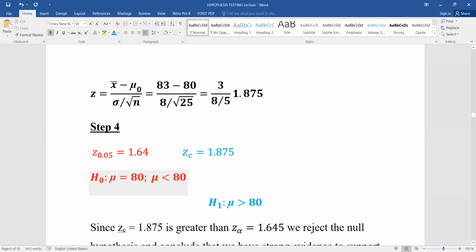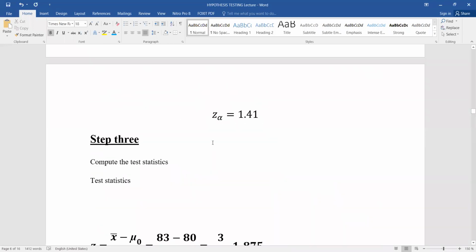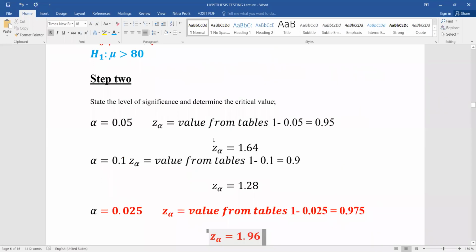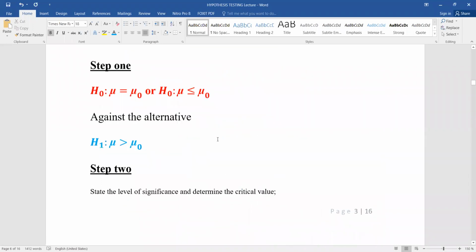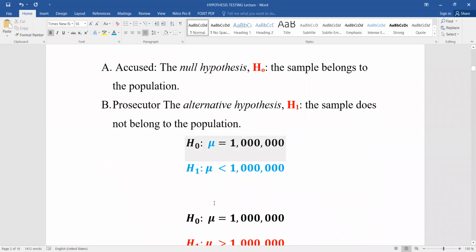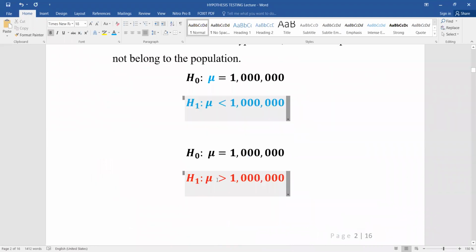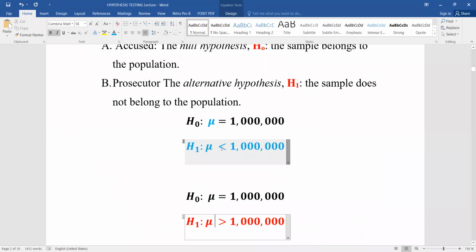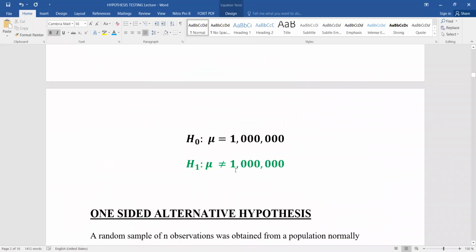You'll understand with the second example because we're going to do 3 examples. Now, remember, in the beginning, I said we shall look at 3 scenarios. We shall look at when mu is greater than, when mu is less than, and we shall also look at when mu is not equal to.